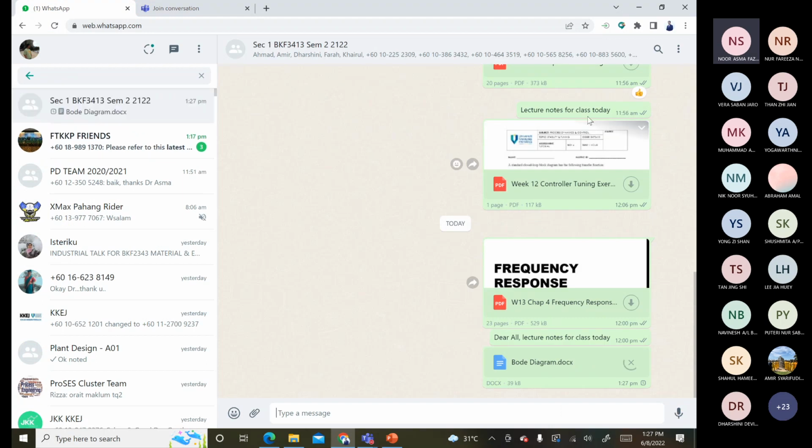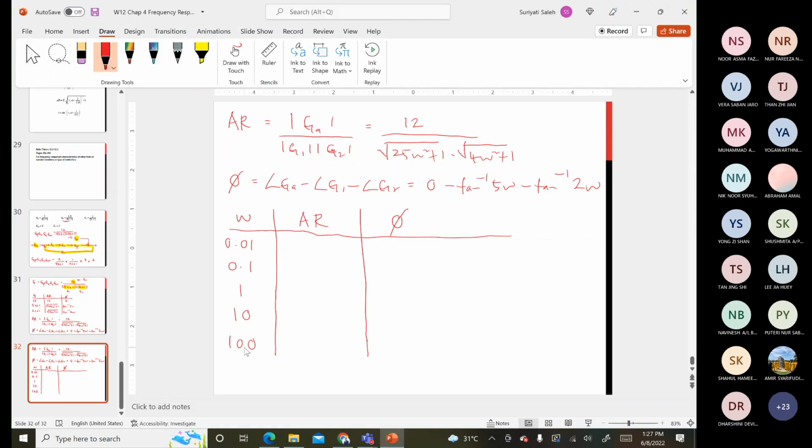I will share it in our WhatsApp group. Once you calculate all of the AR values here, you determine the AR.